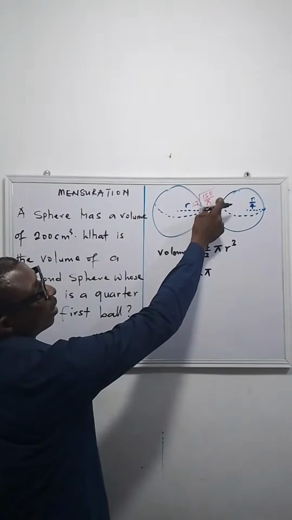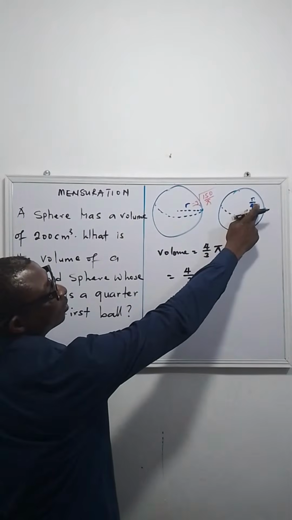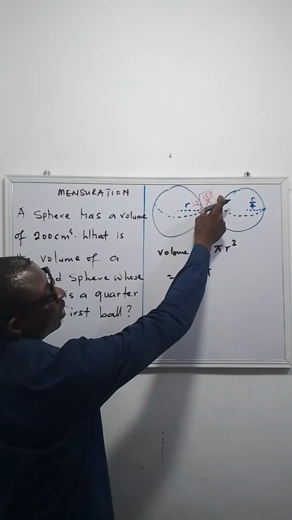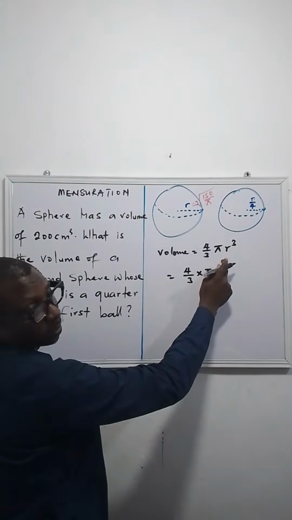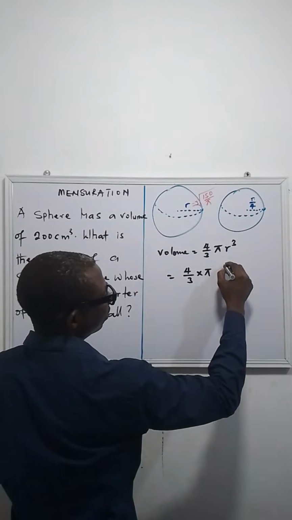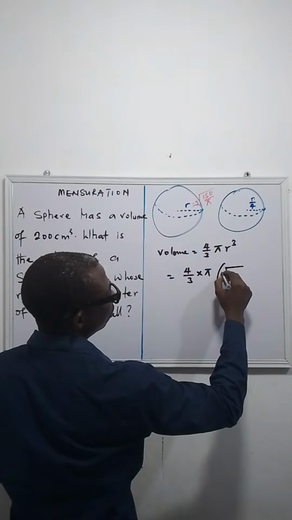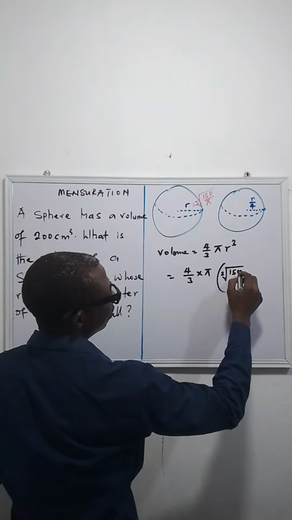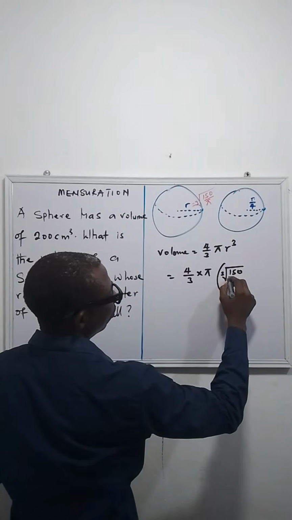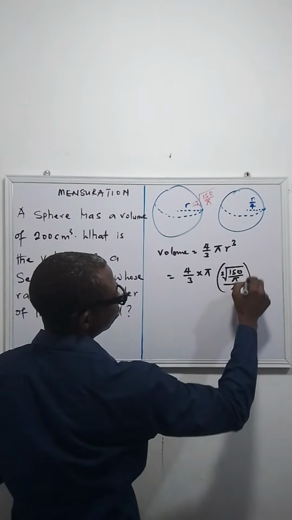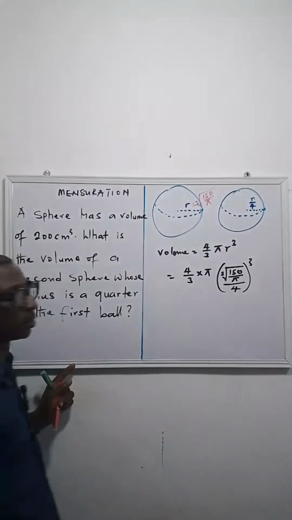Now, this is r, and what we have here now is going to be r over 4. So we are dividing this by 4, and we incorporate it here. So that means we have cube root of 150 over pi divided by 4 raised to the power of 3.